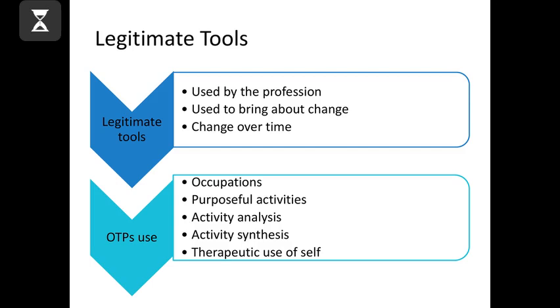So, what are some of our tools as practitioners? First thing, we use occupations. We use purposeful activity, activity analysis, activity synthesis, therapeutic use of self, and these are all legitimate tools that we work into our intervention plan.